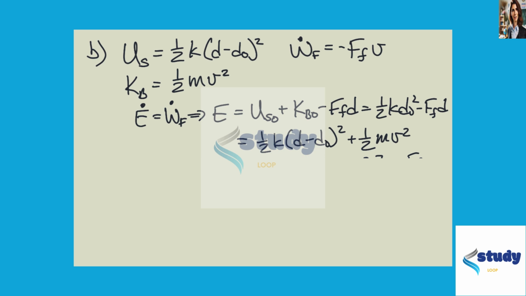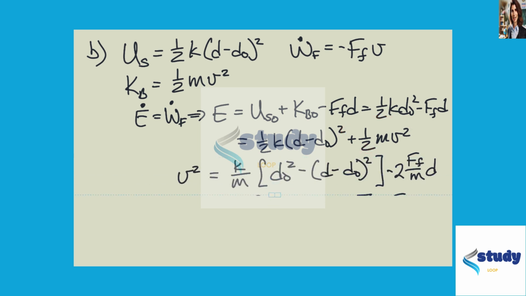The energy at any given time then is 1/2 k times the change in length of the spring squared, so the energy stored in the spring at some given time, and then the kinetic energy of the block.